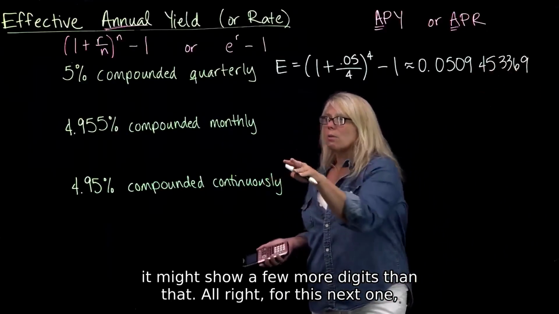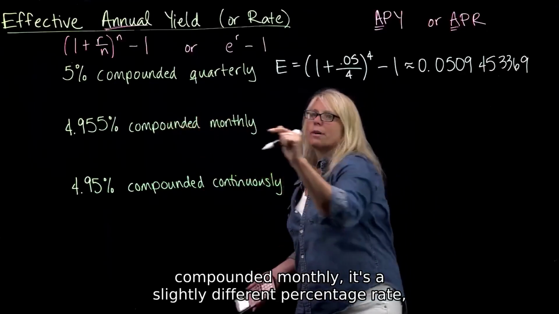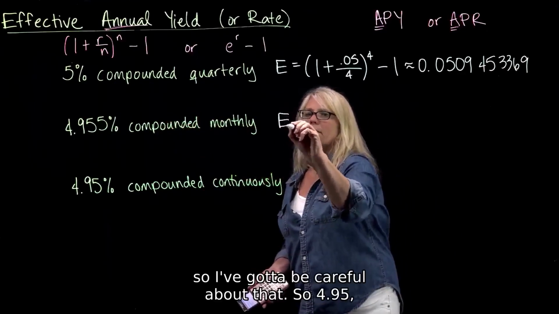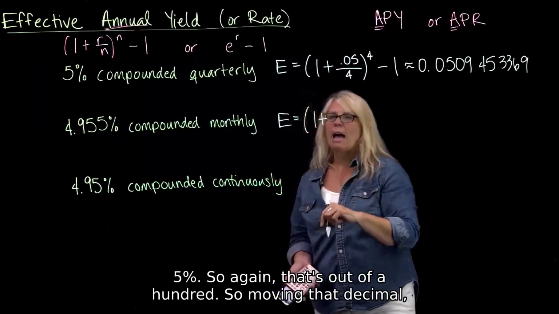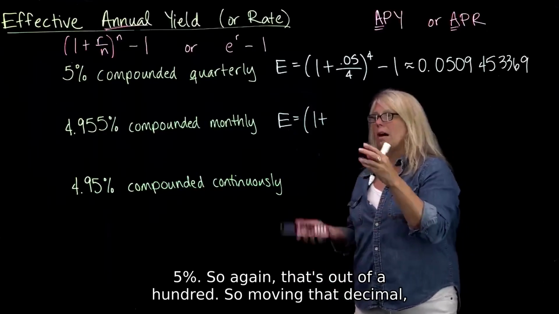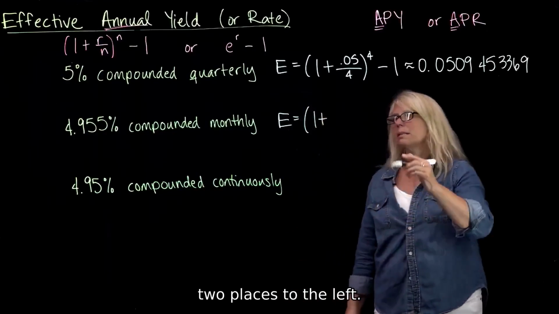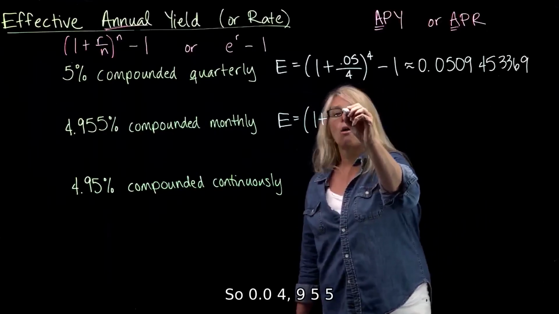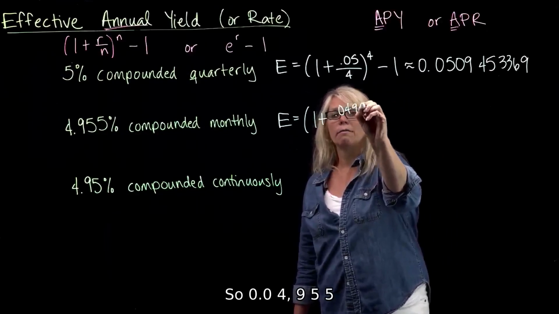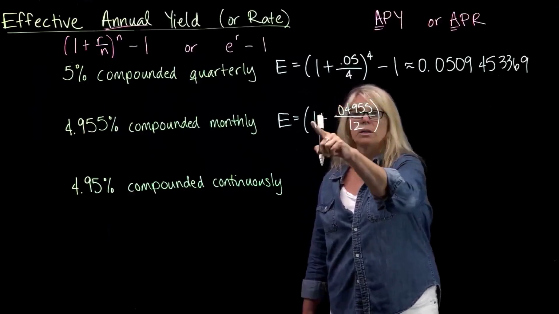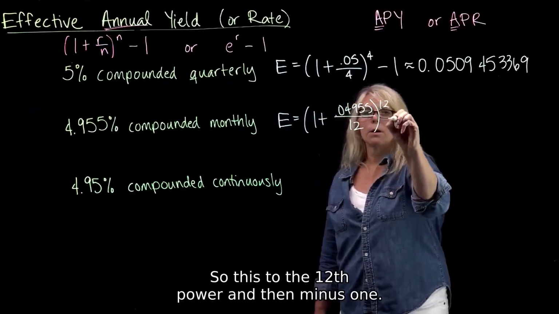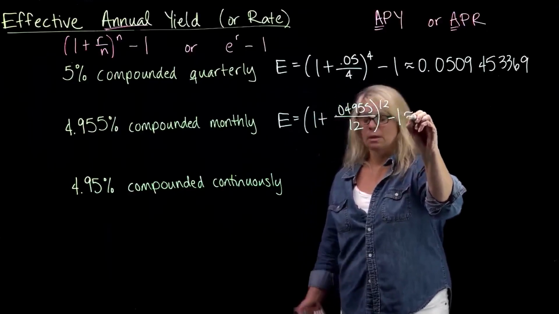All right, for this next one, compounded monthly, it's a slightly different percentage rate, so I've got to be careful about that. 4.955%, so again, that's out of 100, so moving that decimal 2 places to the left, 0.04955. Monthly is 12 times per year, so this to the 12th power, and then minus 1.